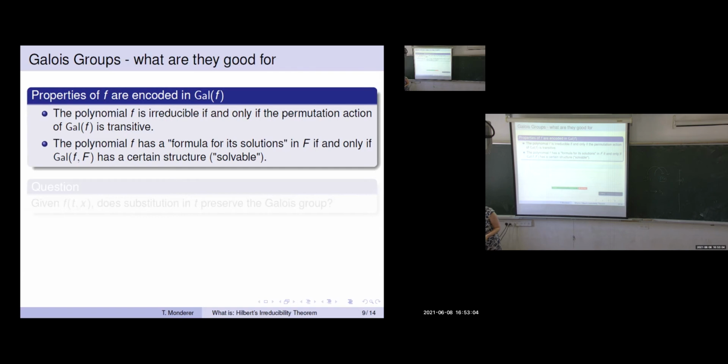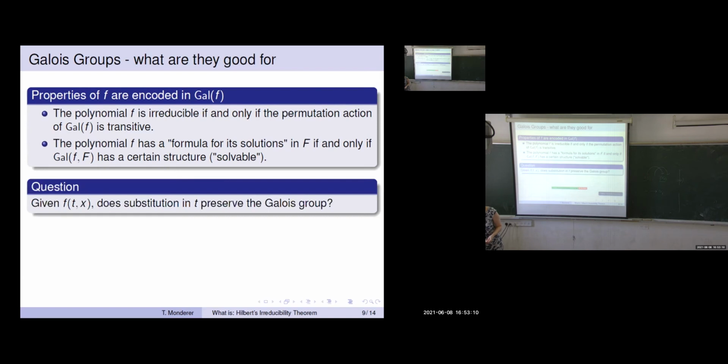So now that we've convinced ourselves that we know what a Galois group is, we can ask: given a polynomial, does substituting a value preserve the Galois group?